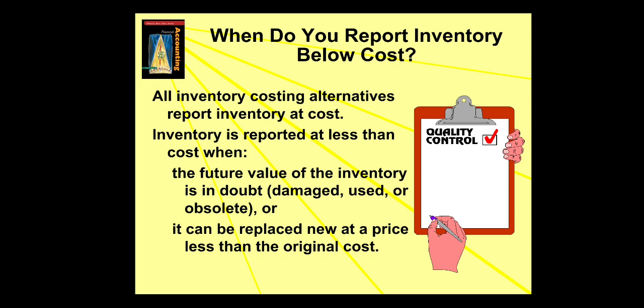So remember this. In accounting, there is a principle called conservatism. The conservatism principle says that in accounting you cannot overstate profit, and also you cannot overstate assets. You have to be conservative.